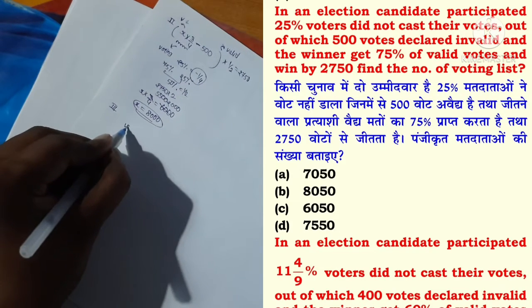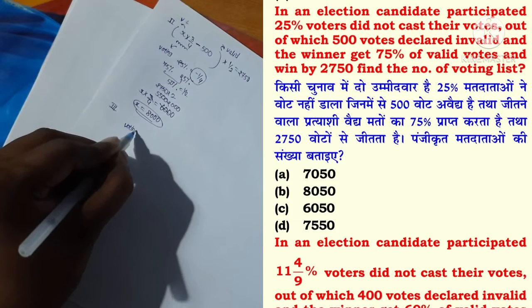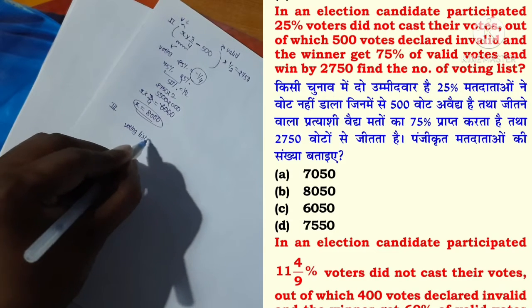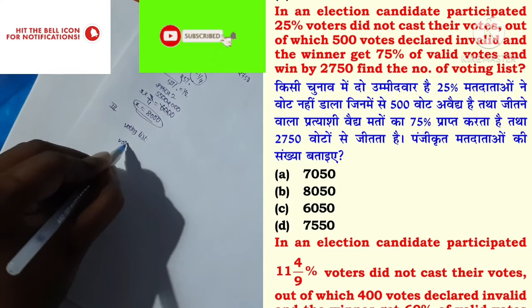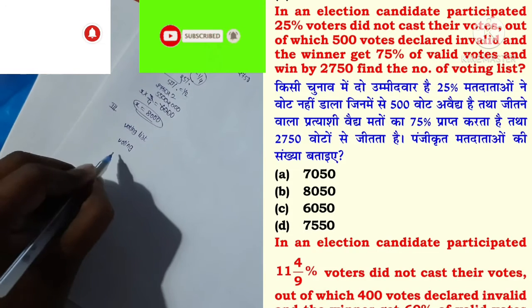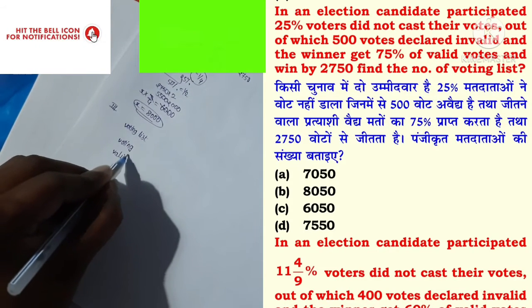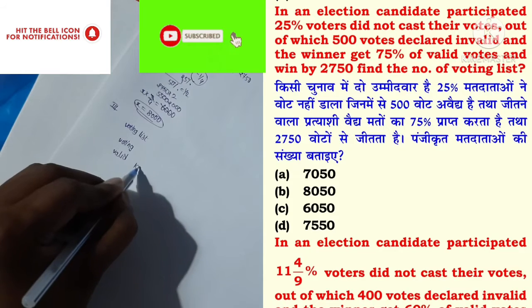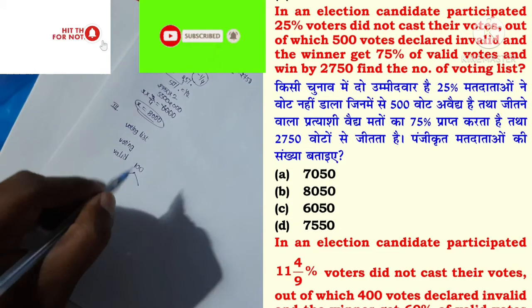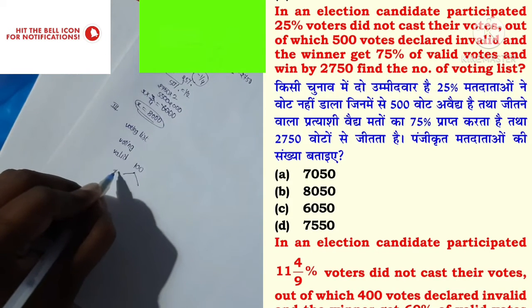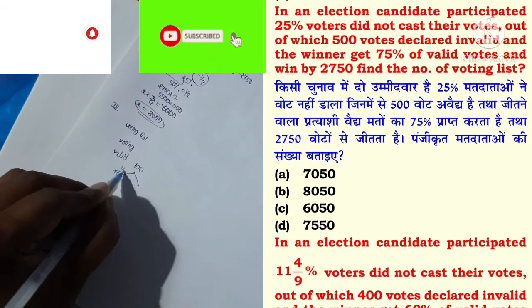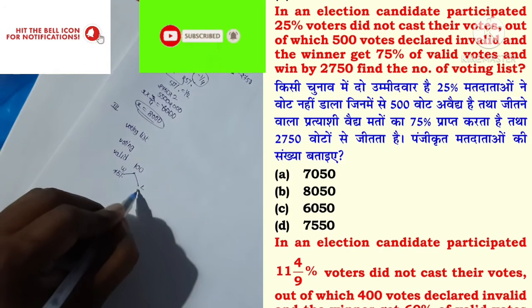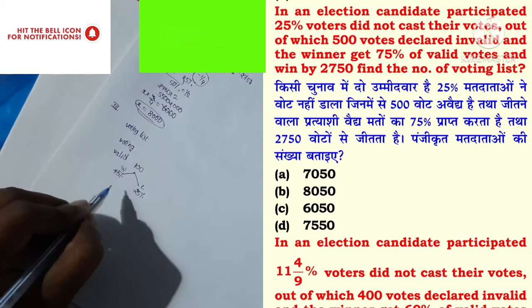Now a shortcut. Here I am taking valid votes as 100. The winner will get 75% and the loser will get 25%.